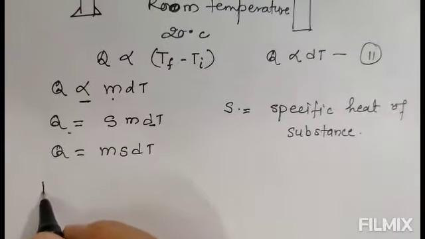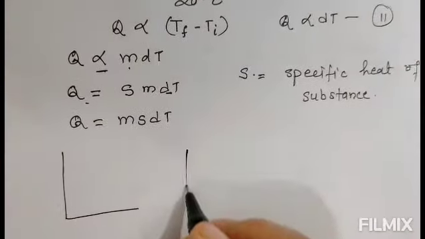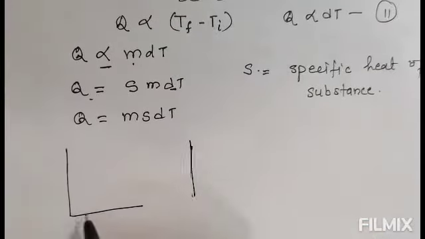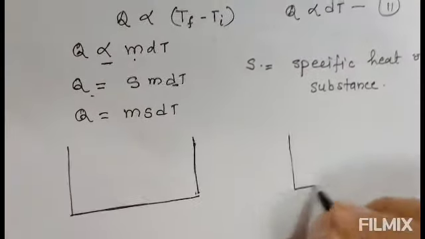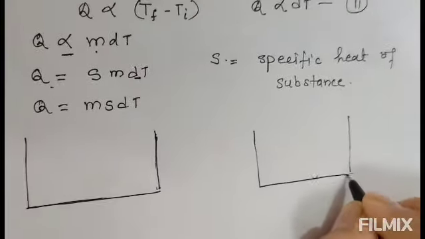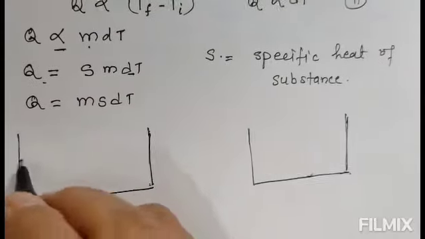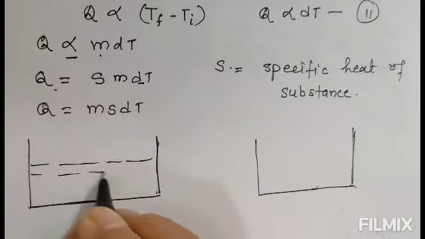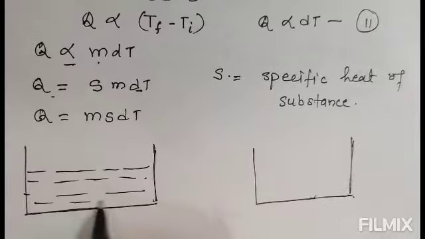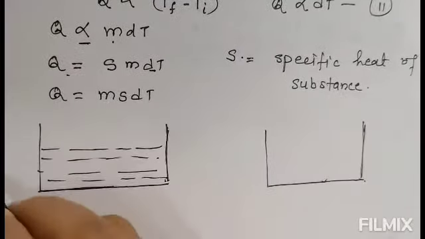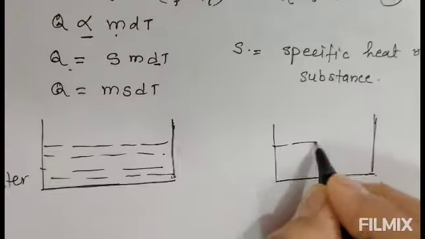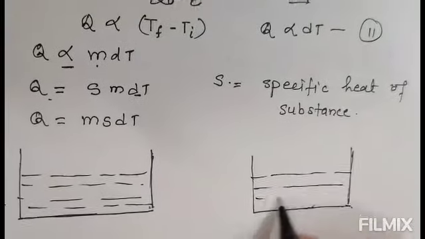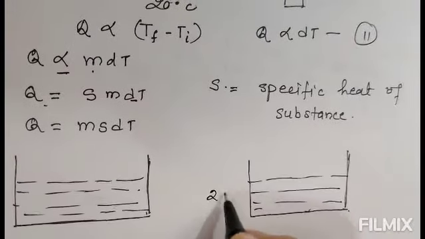That means now we are taking the same identical container as in the previous two examples. But this time, in one container we have taken 2 liters of water, and in another container we take 2 liters of oil, any oil you can say.